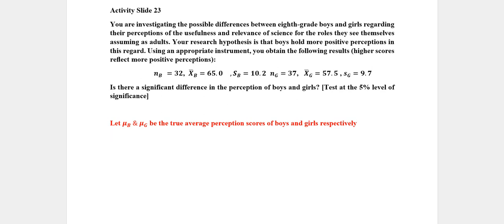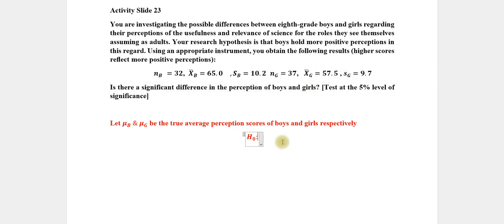Our next step, as usual, is to define our hypothesis. As I explained in the lecture notes, here we are comparing two different means, because you are asked, is there a significant difference in the perception scores of boys and girls?